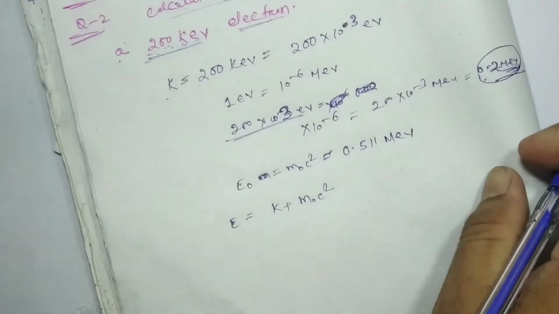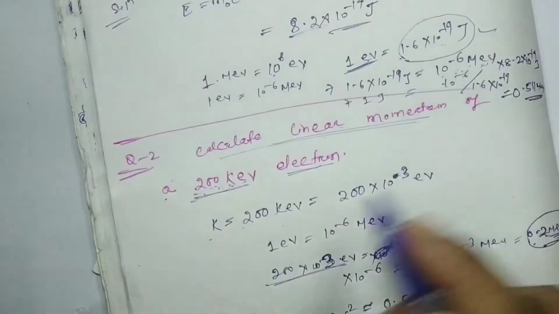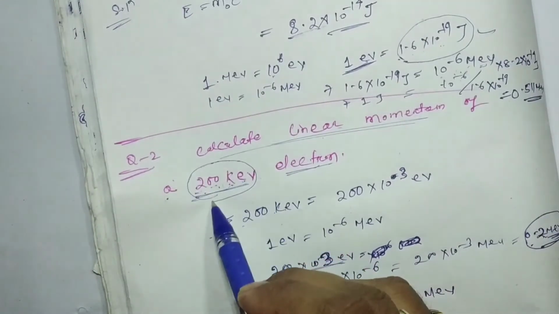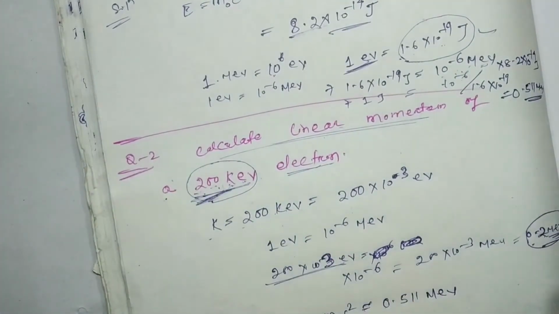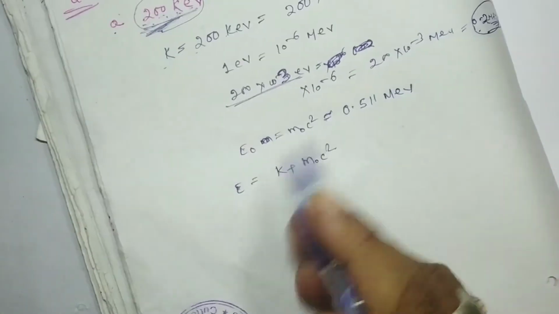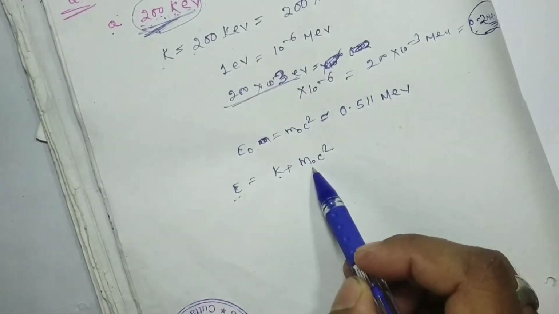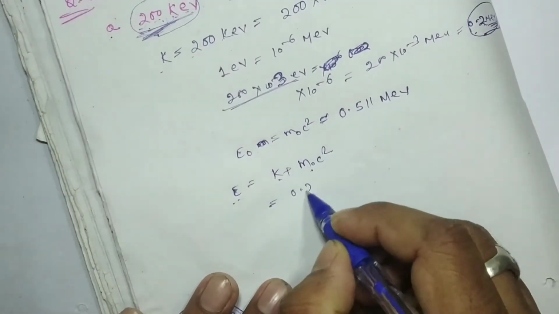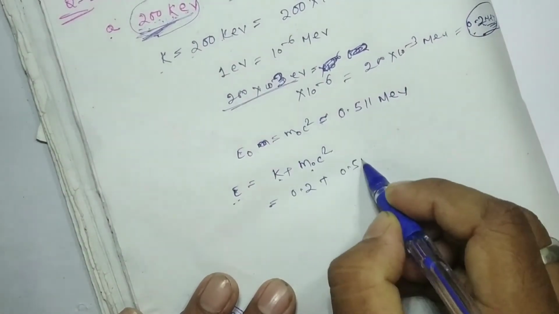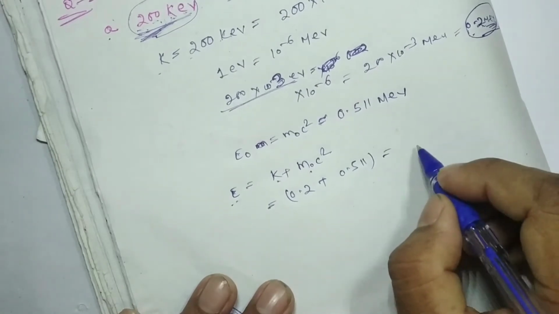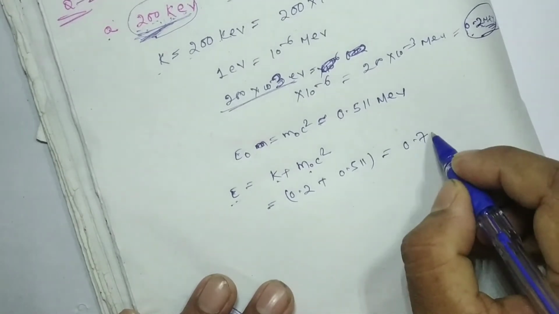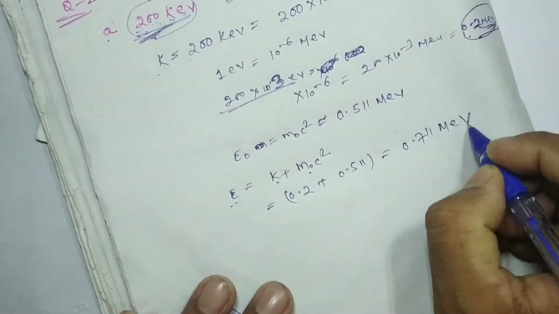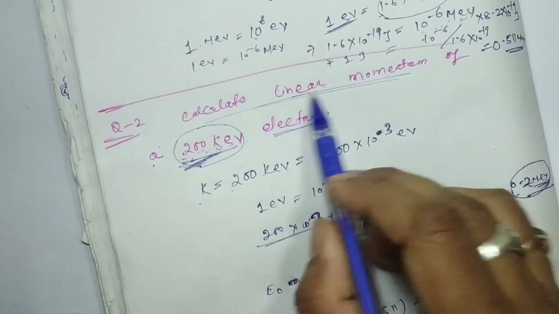Here it is given 200 keV, which means its kinetic energy is 200 kilo electron volt. So total energy, kinetic energy plus rest mass energy, 0.2 plus 0.511, will be equal to 0.711 mega electron volt. But we have to find the linear momentum, right?